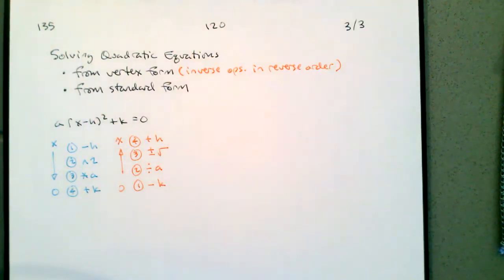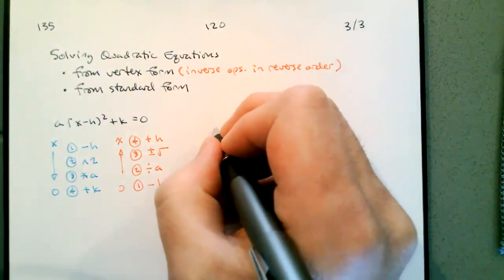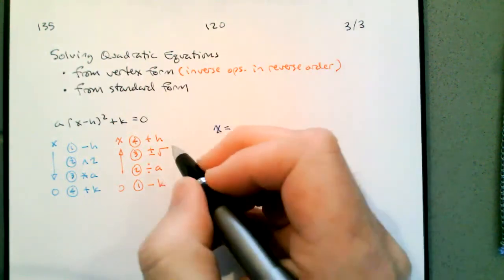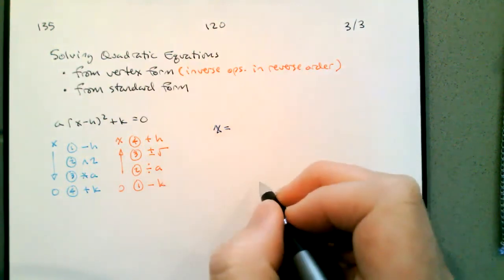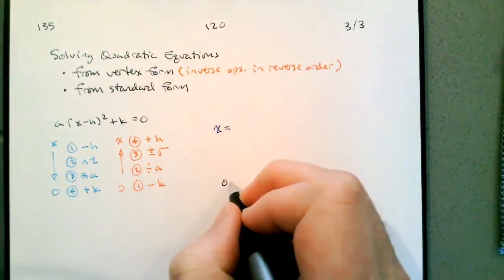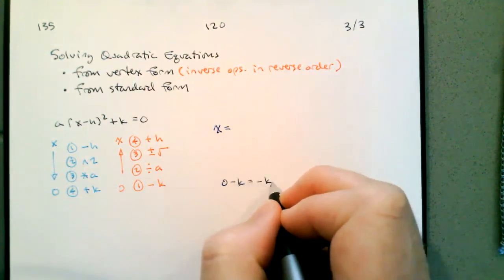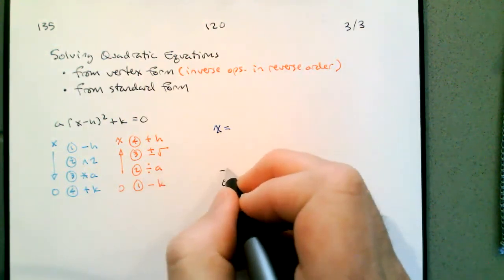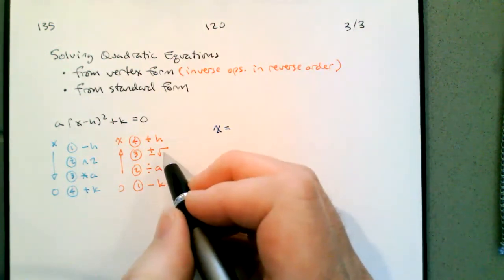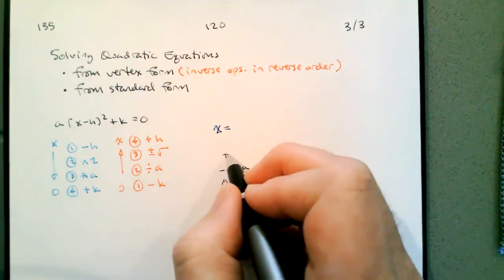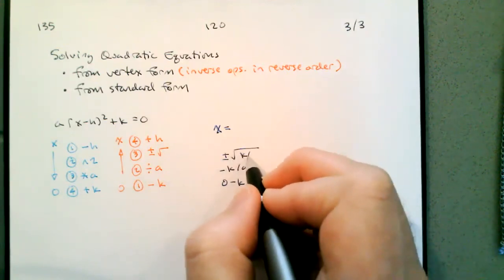So our solutions x will be, we'll start off with minus k. 0 minus k is minus k. Then we'll divide by a, so minus k divided by a. And then we'll do a plus or minus square root, so I have plus or minus the square root of minus k over a.